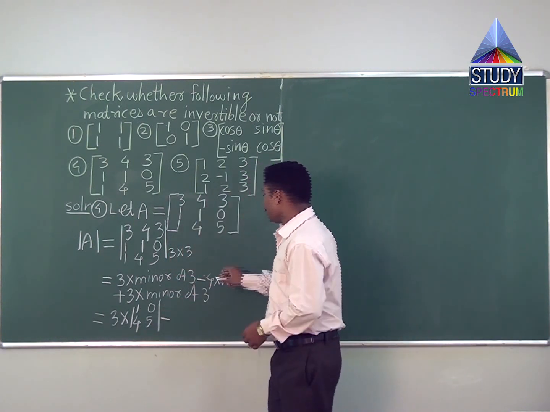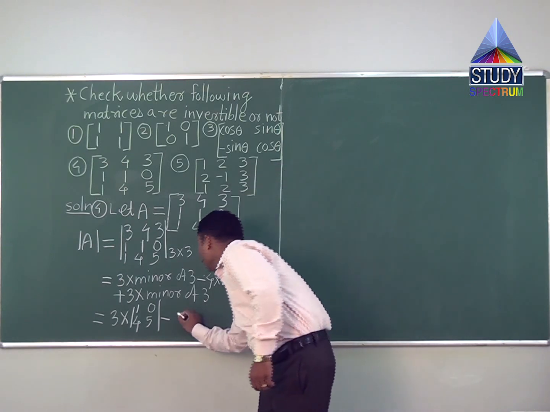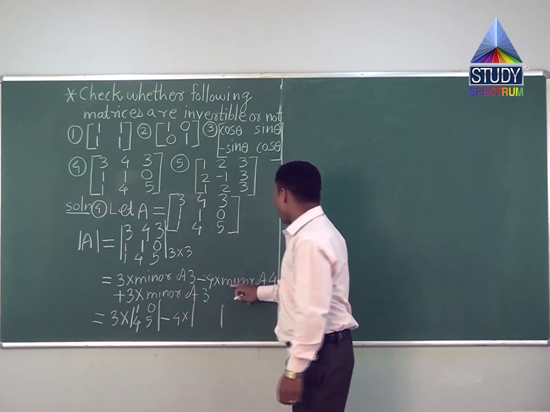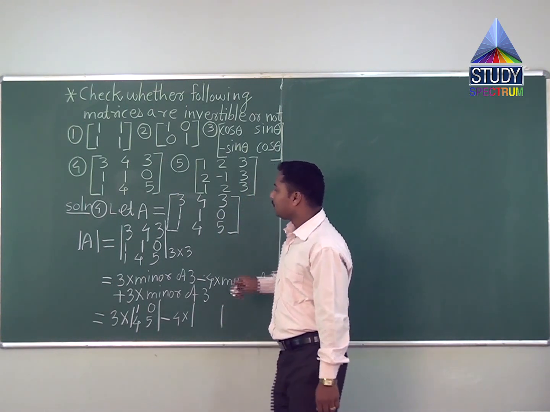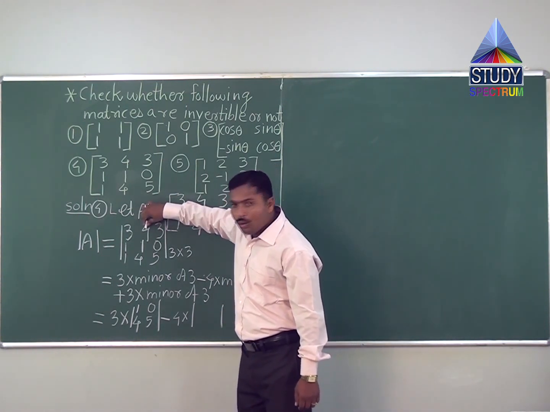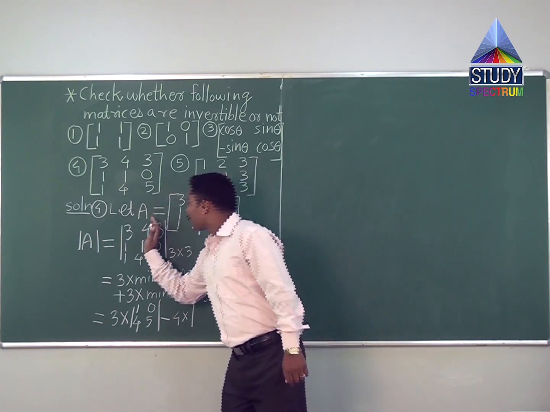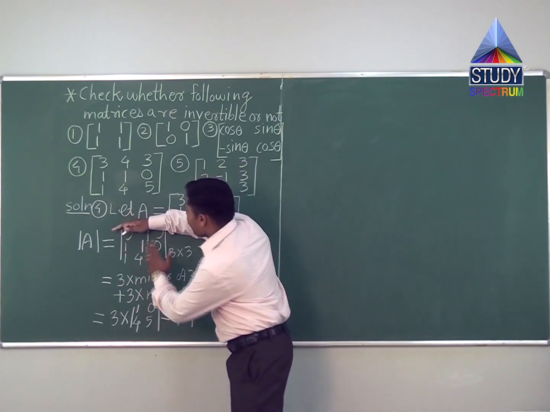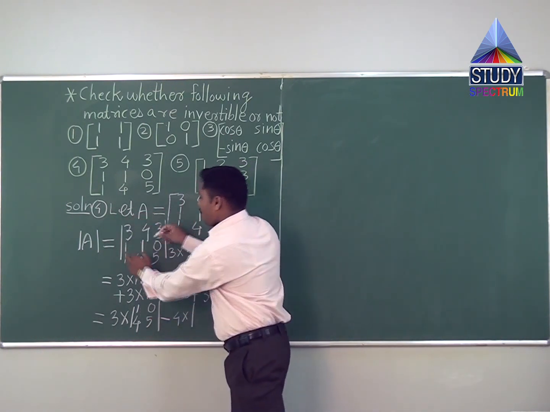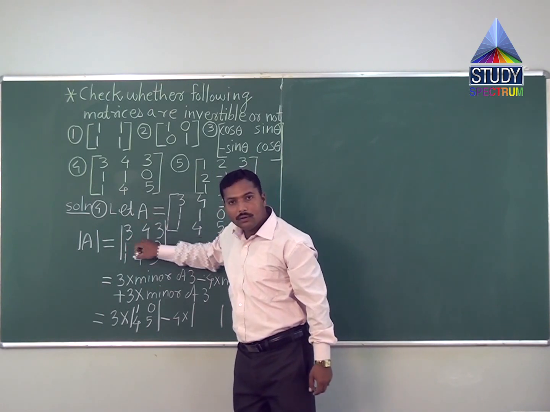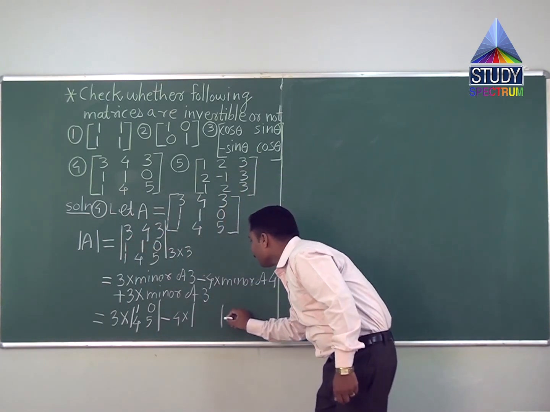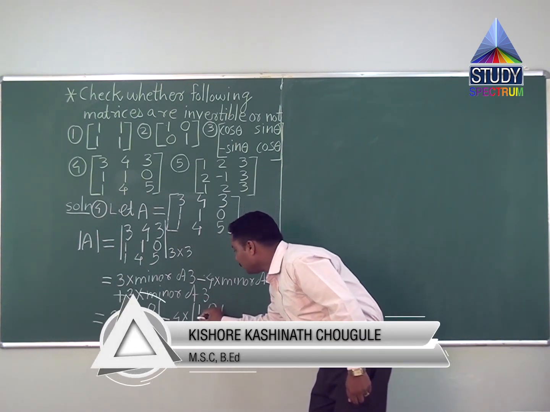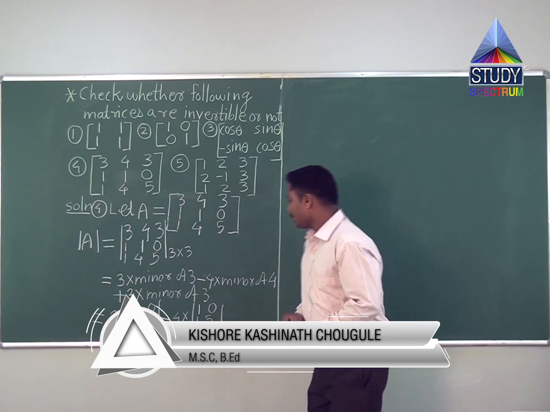Minus this 4 into the minor of 4. Minor of 4 means delete the row and column passing through this number. So what remains? 1 0 1 5.